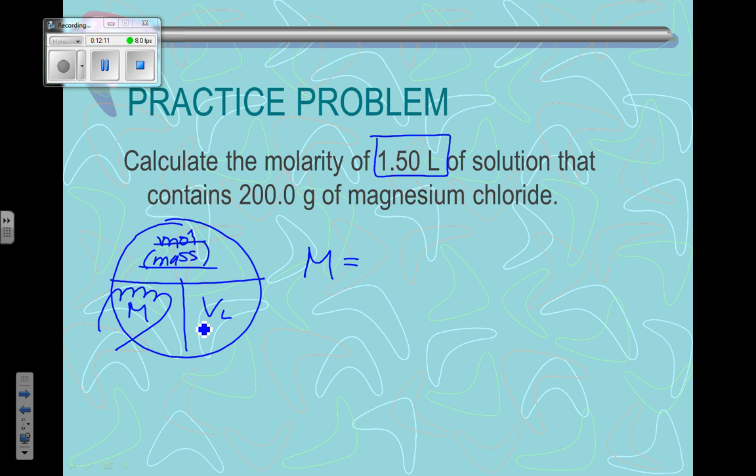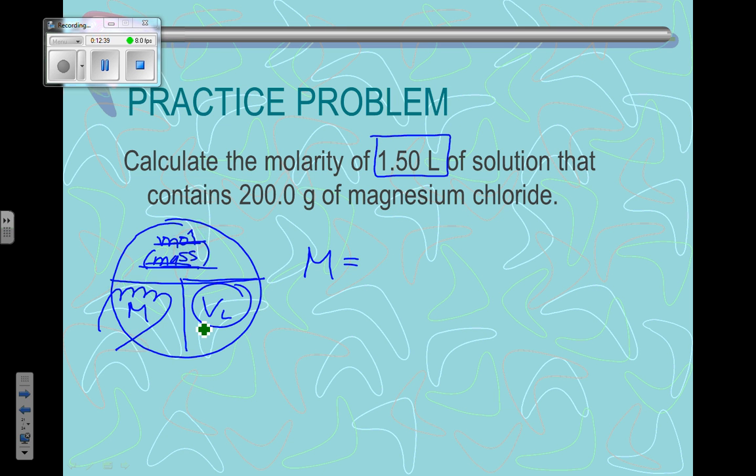It goes upstairs. And then they have to give you the volume, and then where does the volume go? Do you get what I mean by do what the circle tells you? It tells you that if you're solving for molarity, moles or mass goes upstairs, and in the denominator, you're going to put in the volume in liters.